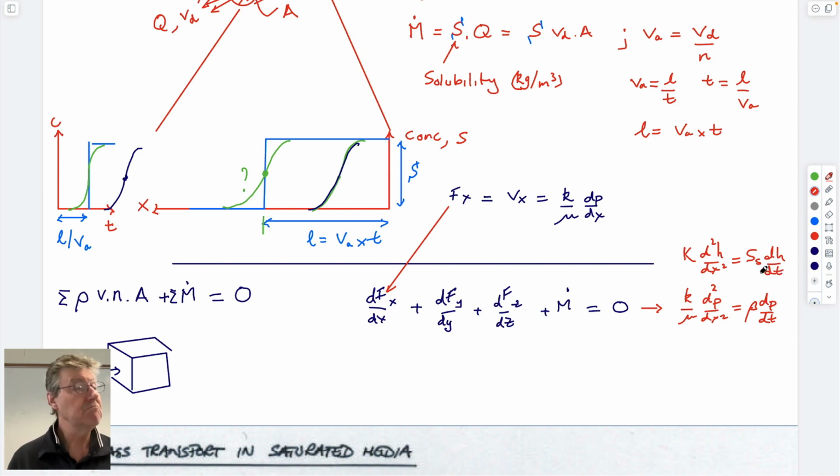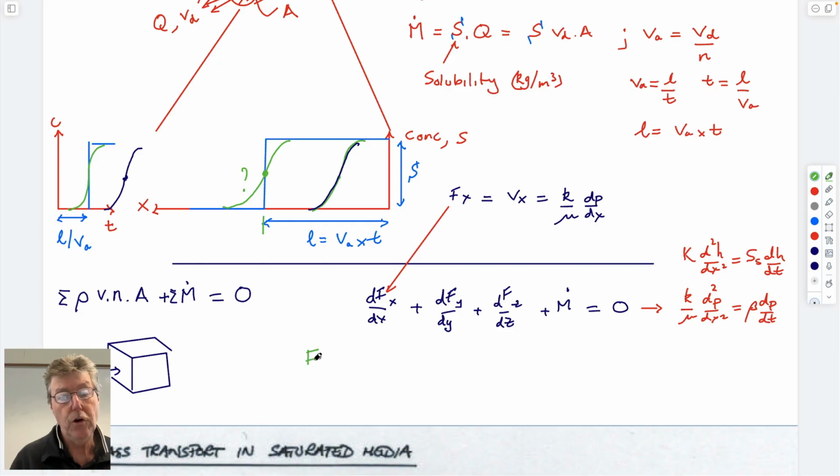This is accumulation or depletion, and this is arrival or mass in, mass out. This is written in terms of hydraulic conductivity and head. This is in terms of permeability and pressure, petroleum engineering versus hydrology, but it's basically a statement of conservation of mass.